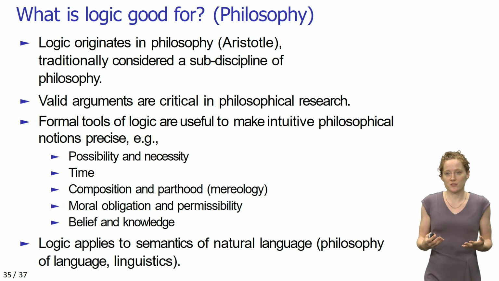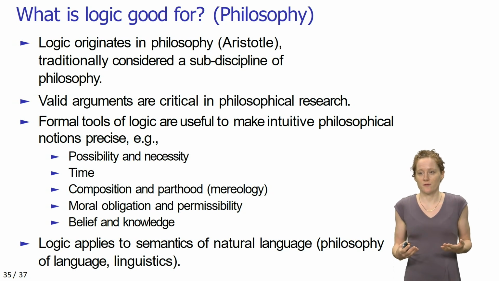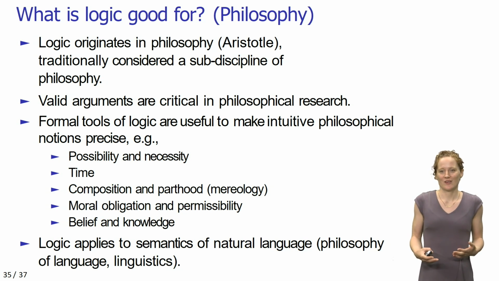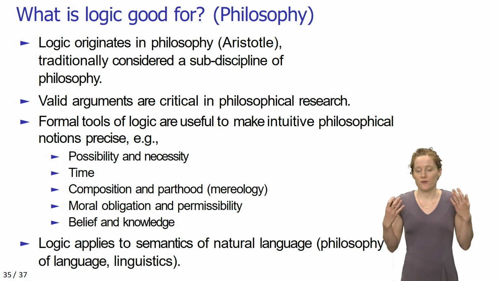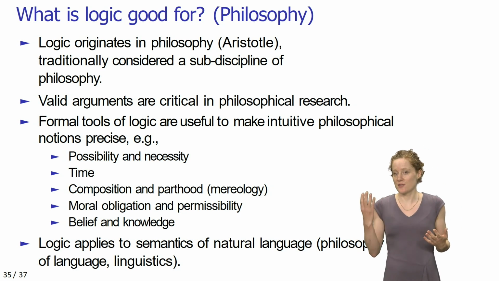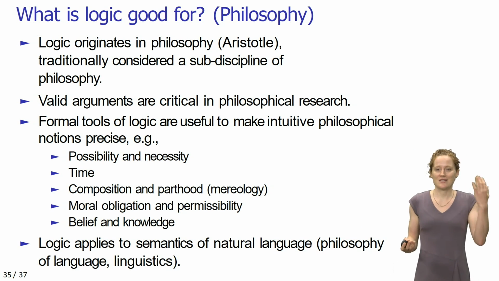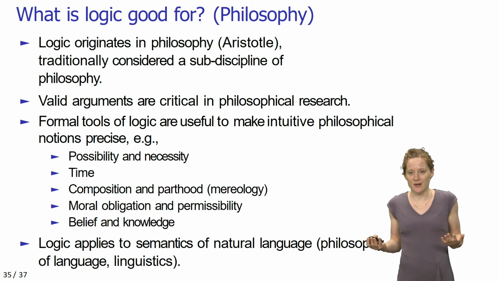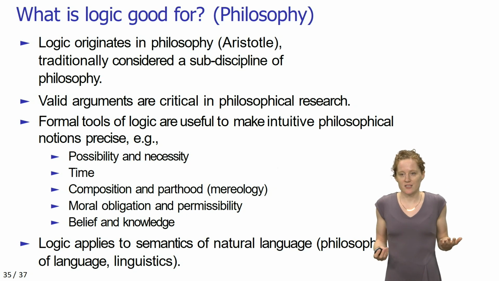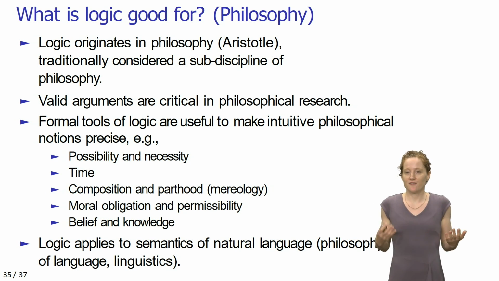And the formal tools of logic are useful for making intuitive and imprecise philosophical notions more precise. So, for example, logicians have developed tools for formalizing the philosophical concepts of possibility, necessity, time, composition and parthood, moral obligation and permissibility, belief and knowledge.